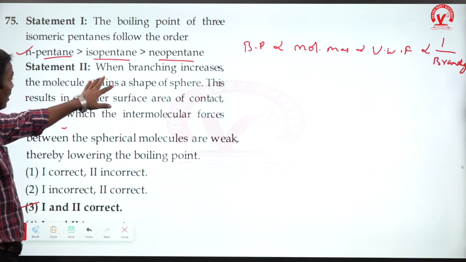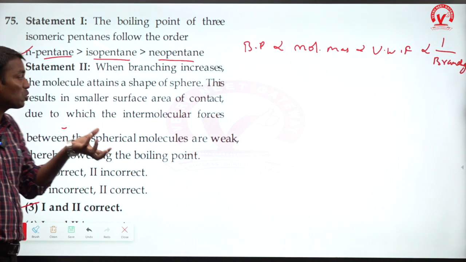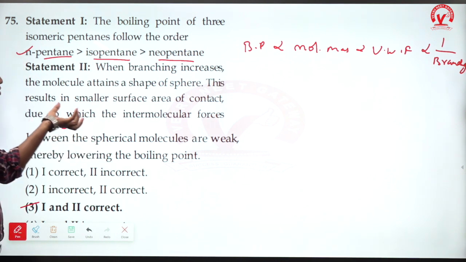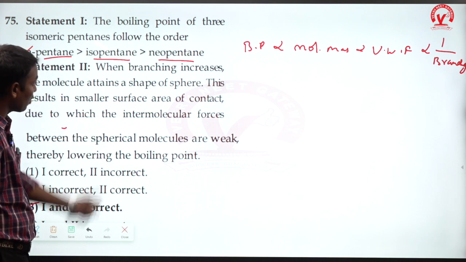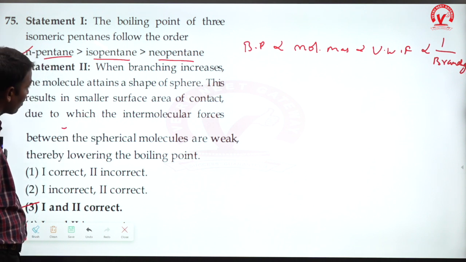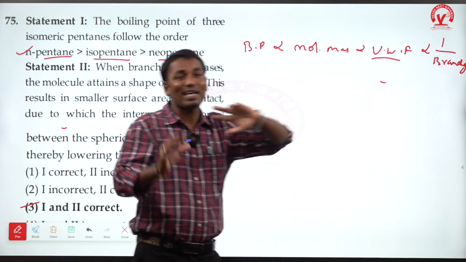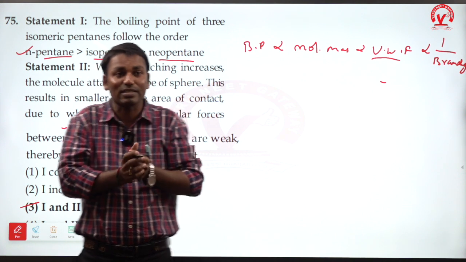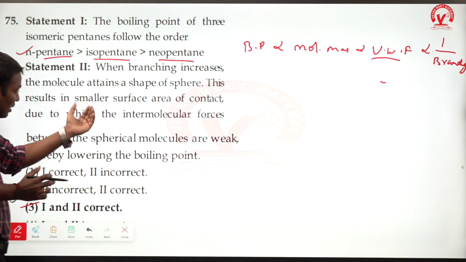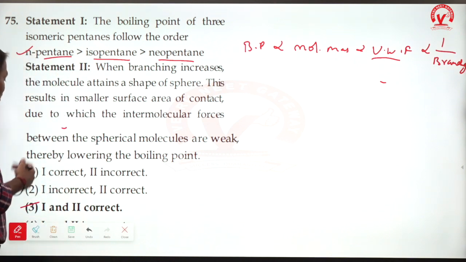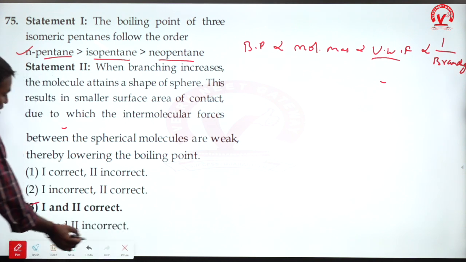The reason they gave here is that as branching increases, the molecule attains the shape of a sphere, giving smaller surface area of contact, so the forces between the spherical molecules are weak. So it is actually what I said, van der Waals forces. As branching increases, van der Waals forces decrease, and that is the reason why the boiling point decreases for isomeric forms, right? Option 3, that is, both are correct. Then move on to the next question.